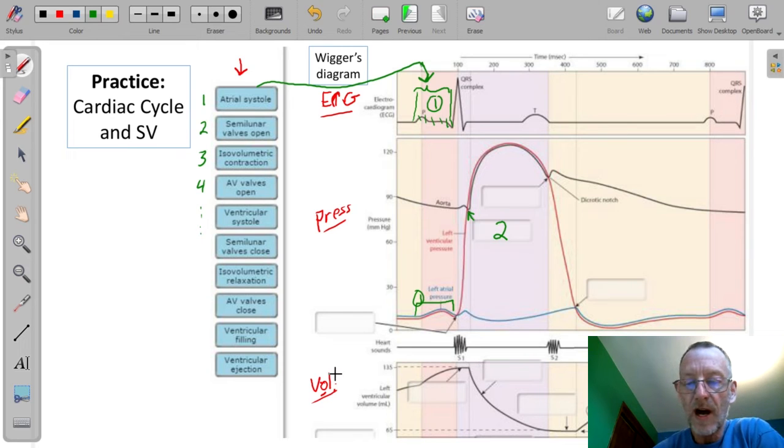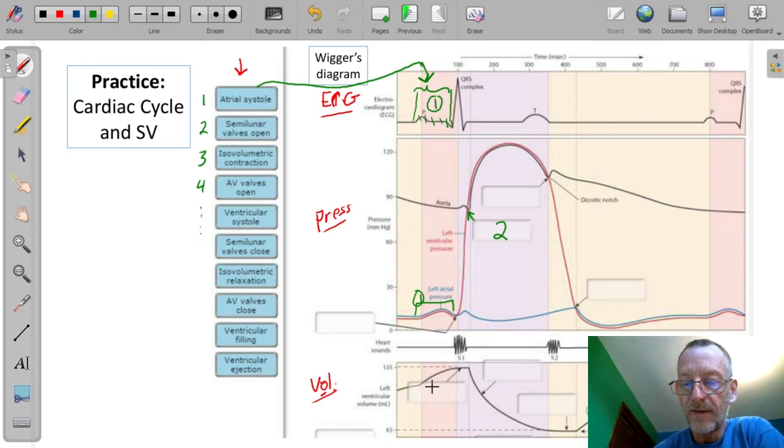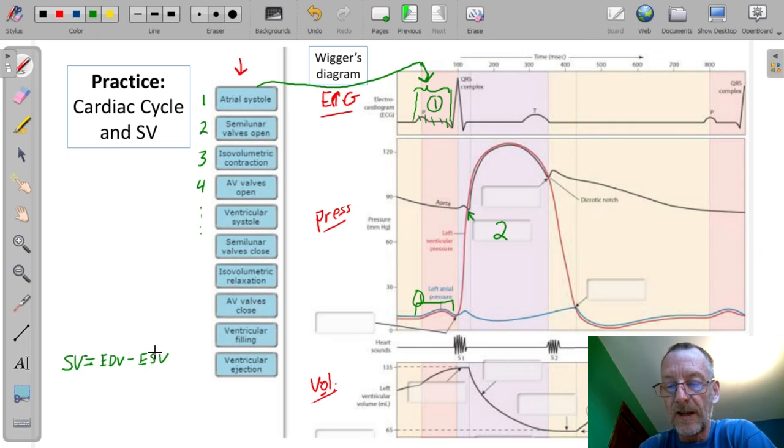Let's jump to the bottom for a moment and just look at the volume, calculating the stroke volume. So you know that stroke volume is equal to what? End diastolic volume minus end systolic volume. So can you read those off of the figure on the right? Well, we're after volume, so we're going to be looking at the bottom picture.